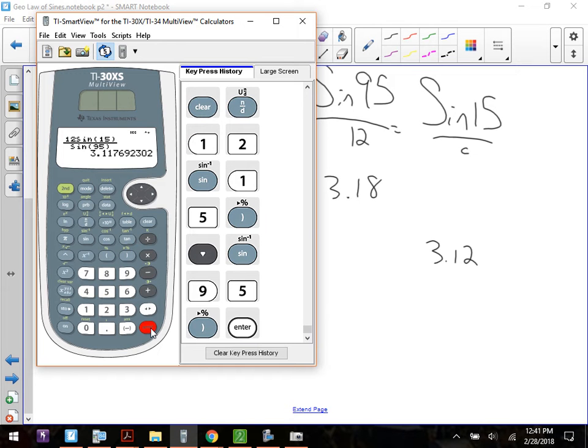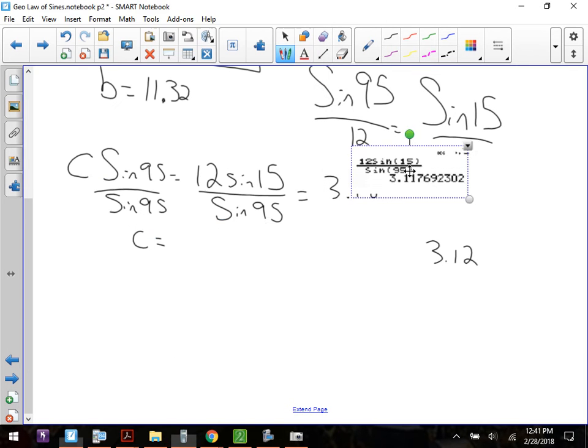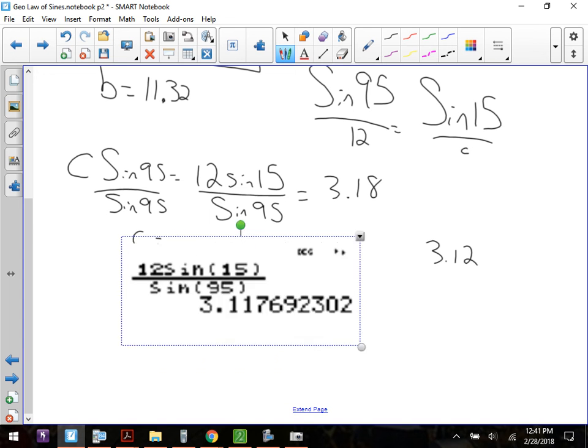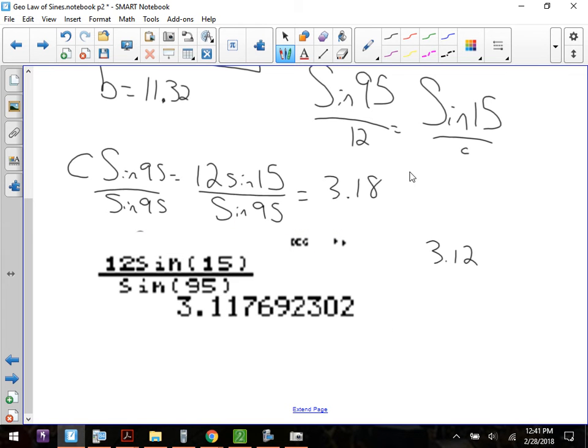When you look at your digits here, you can easily tell that he did everything right. But what did he look at it as? He looked at it as 3.17. He forgot there was an extra 1 there.